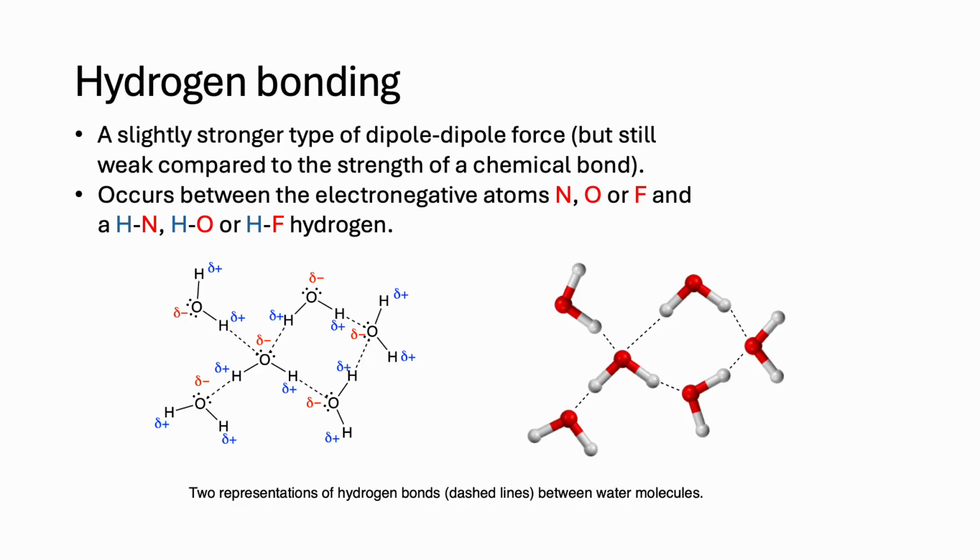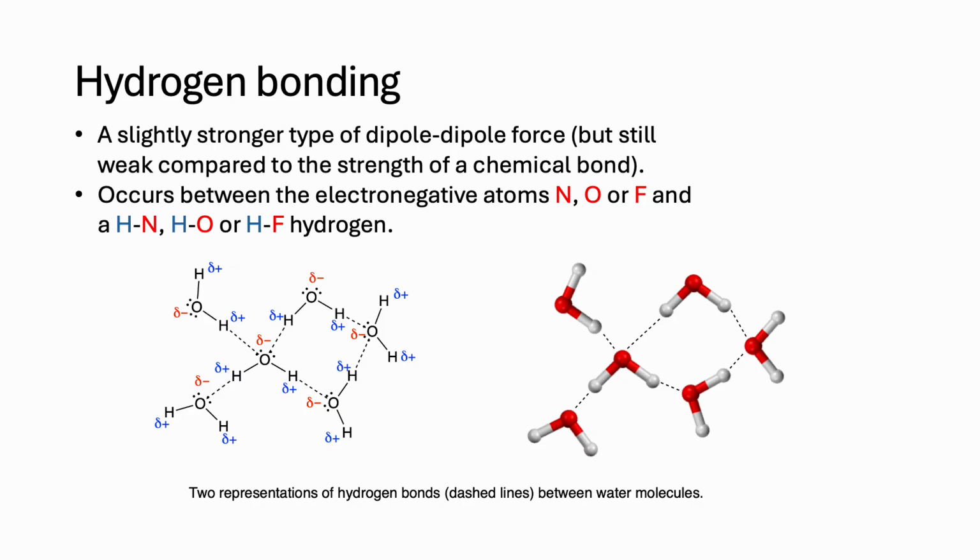Hydrogen bonds were introduced in topic 13. They are a type of dipole-dipole force and only exist between a hydrogen bonded to a very electronegative atom, nitrogen, oxygen, or fluorine, and another atom of nitrogen, oxygen, or fluorine. Water shows extensive hydrogen bonding and consequently has a very high boiling point for a molecule of its small size.